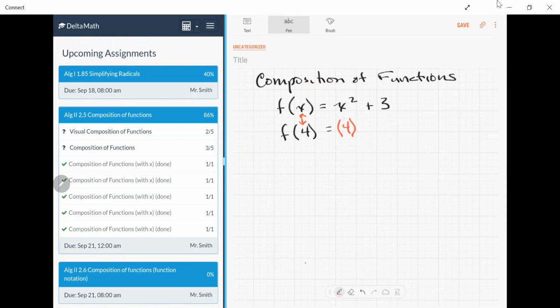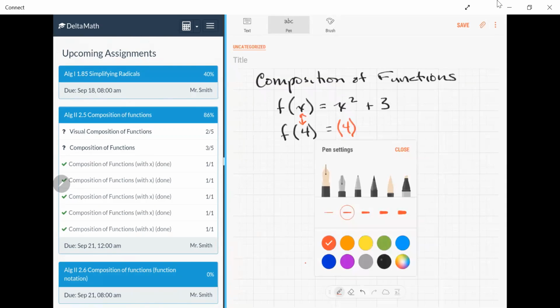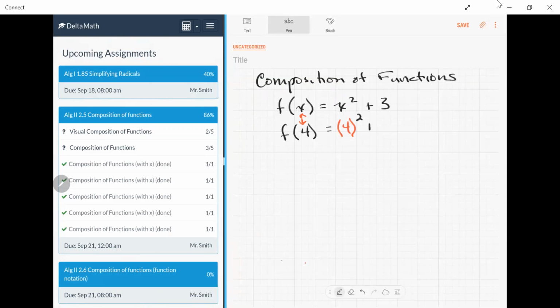The rest of the equation is the same. Then I do the math: 4 to the second power is 16, and 16 plus 3 equals 19.